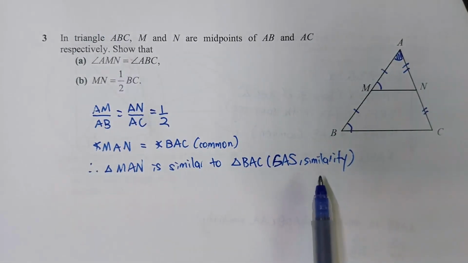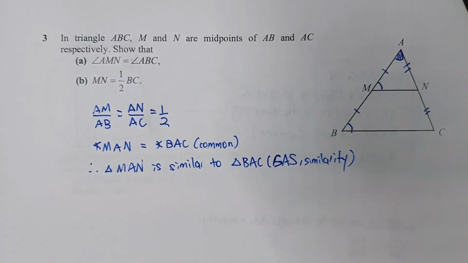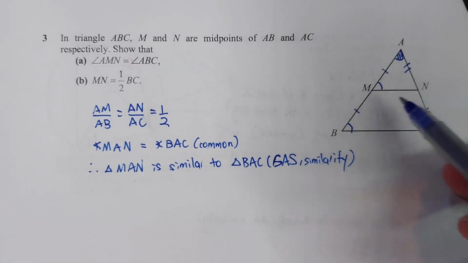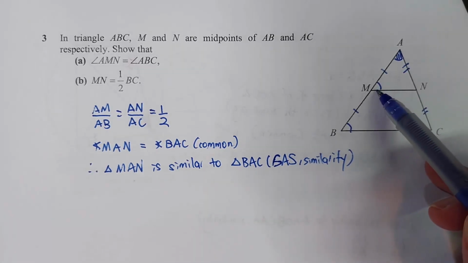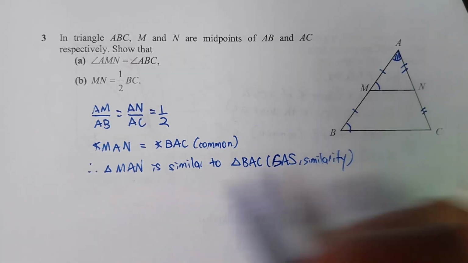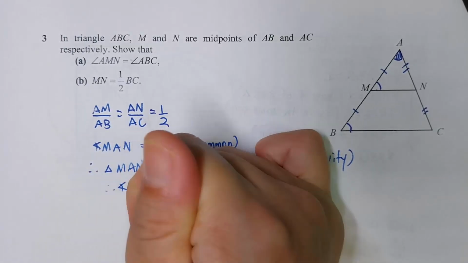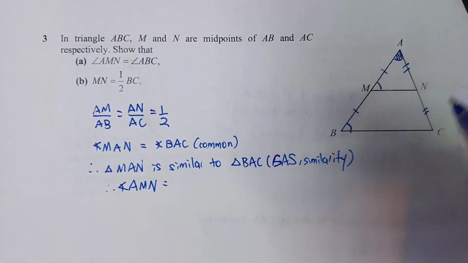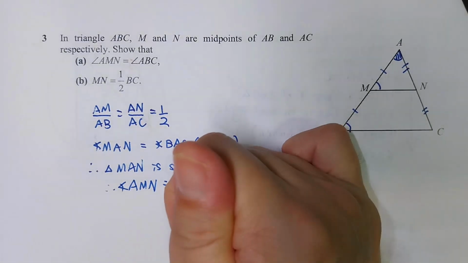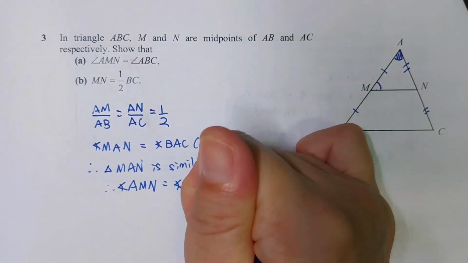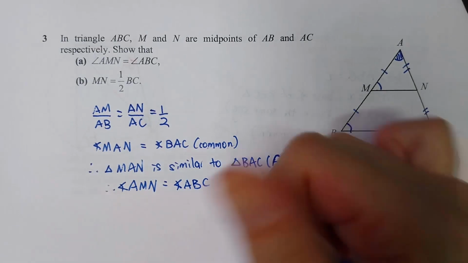Now, for the similarity test, you must write the word similarity. Since these two triangles are similar, we can now say that angle AMN will be equal to its corresponding angle ABC.